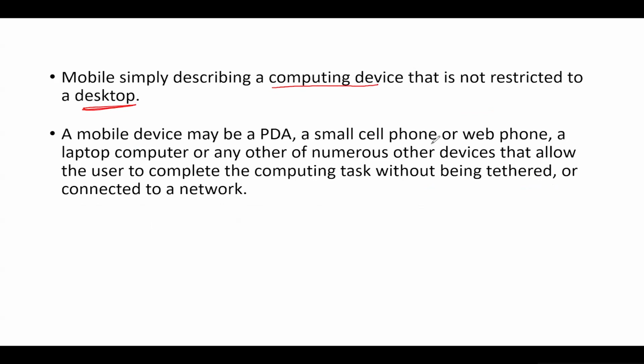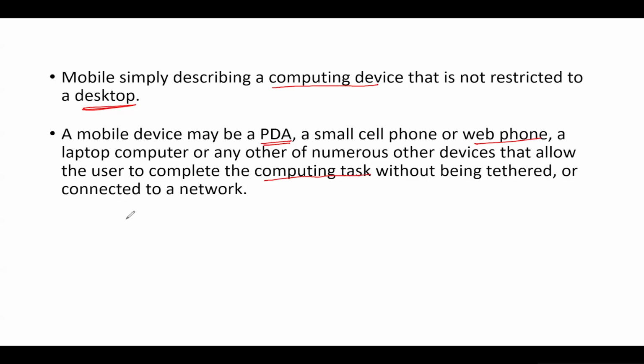So a mobile device can be a PDA, a small cell phone, a web phone, a laptop computer, or any other numerous devices that allow the user to complete a computing task without being tethered or connected to a network. So without using any other network, if I'm able to perform a certain kind of computing, then I will call it mobile computing.